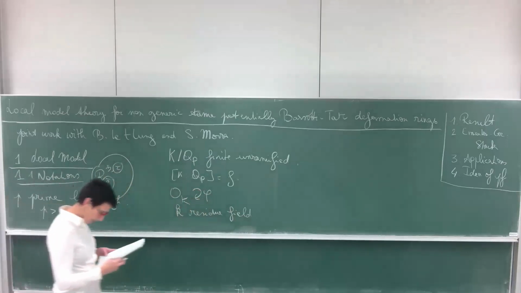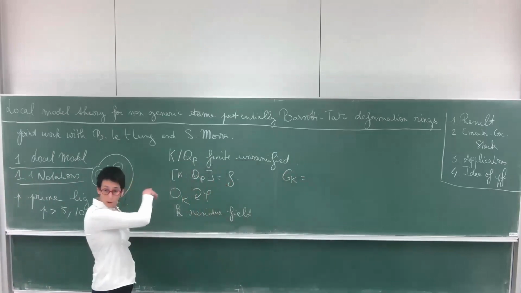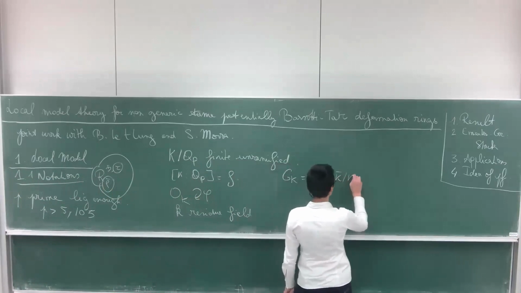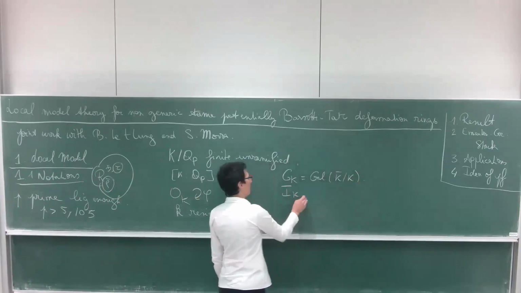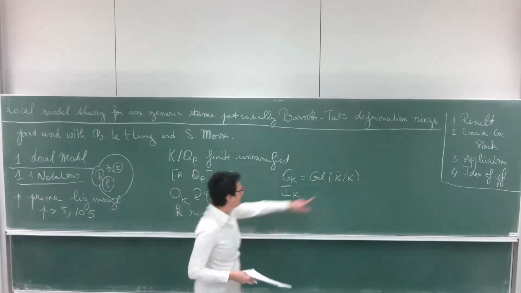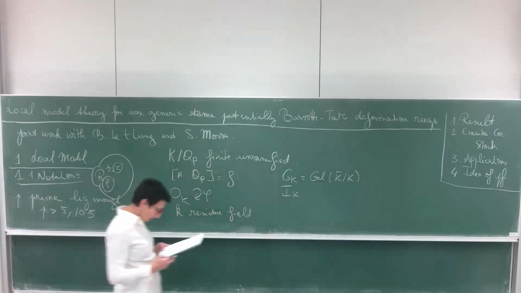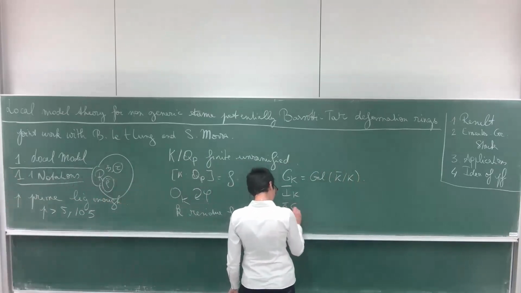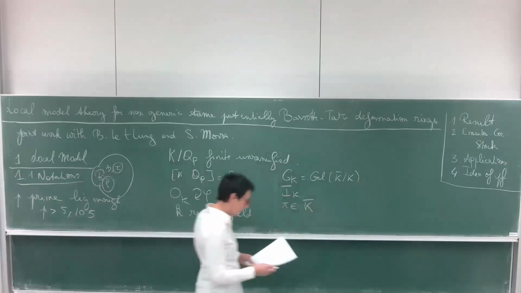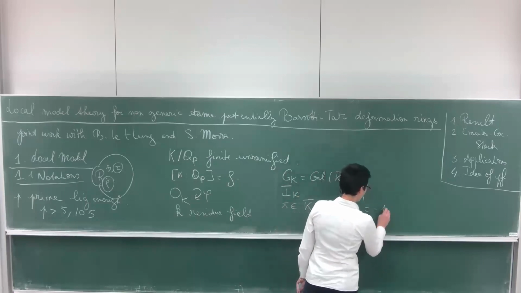It's not that crazy. And I will need also the absolute Galois group of this field, and also the inertia group. K bar is the separable closure of K. I will need an element of K bar, which is pi, the (p^f - 1)-th root of -p.